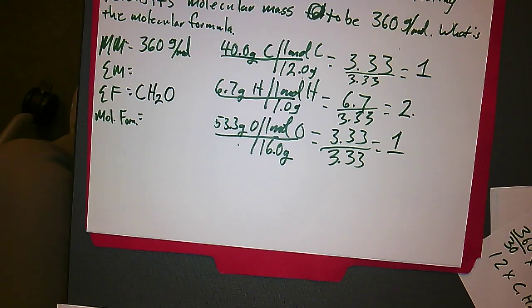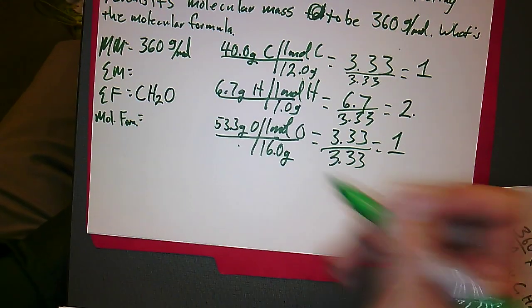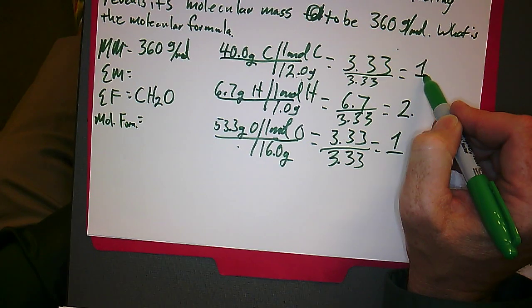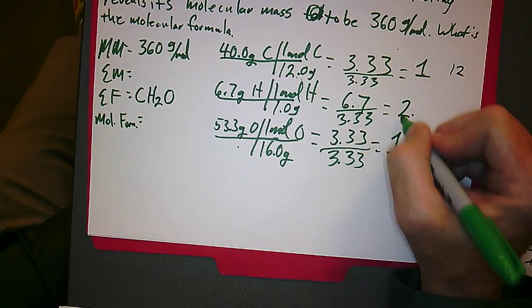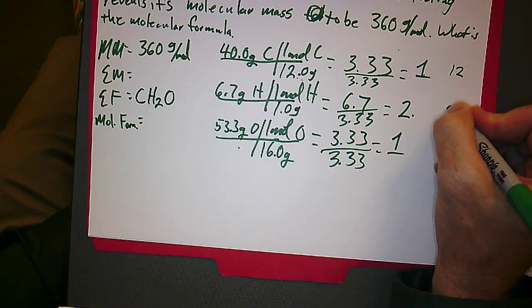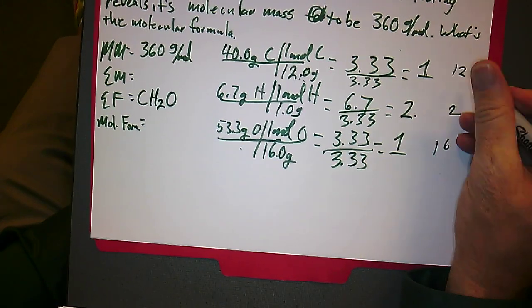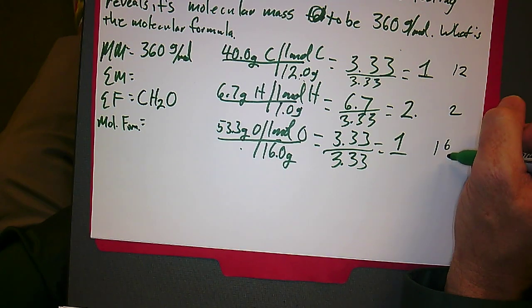So our empirical formula is CH2O. We know this is a carbohydrate; we talked about that before. Now we find the empirical mass. What's 1 times 12? 12. What's 2 times 1? And 1 times 16? 16. What's 12 plus 2 plus 16? 30.